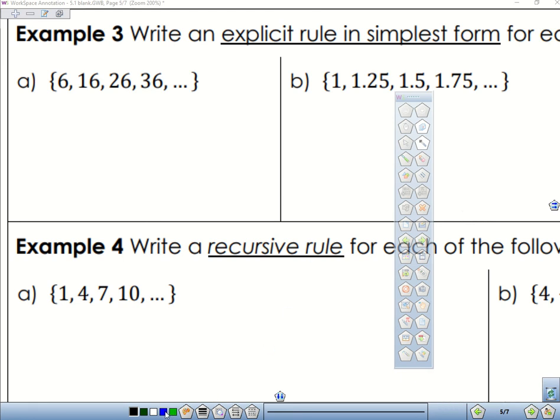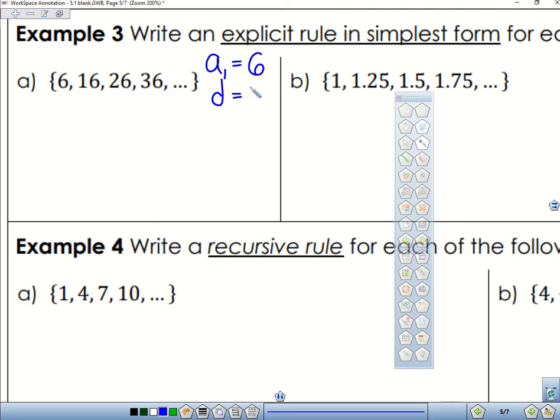So on this question, you're given an arithmetic sequence. First thing of that sequence you always want to identify is what we call A1. And your A1 is your first term, which is what? 6. The next really important piece you want to find is your D value, which is your common difference.